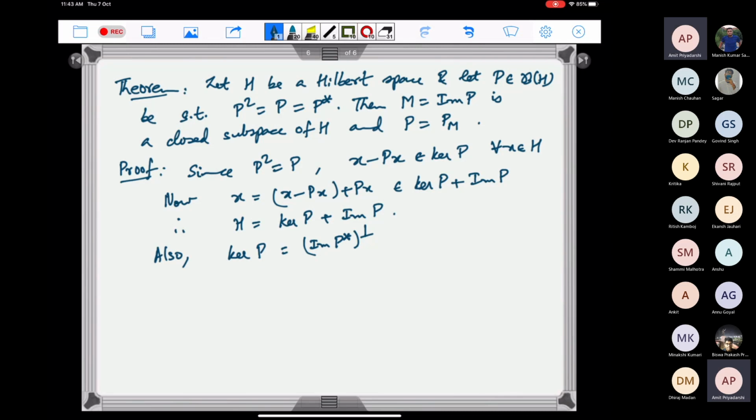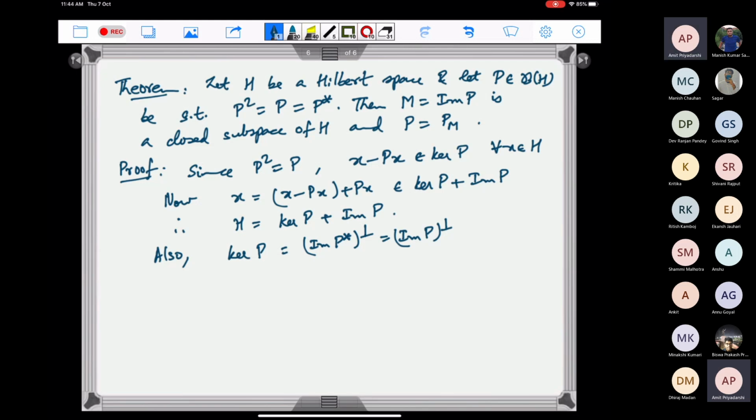But P star is assumed to be equal to P. So this is equal to image of P orthogonal complement. So what this says is that image of P and kernel of P are orthogonal to each other. So therefore, we have that this H can be written as the direct sum of kernel P and image P, where these two are orthogonal. Right?